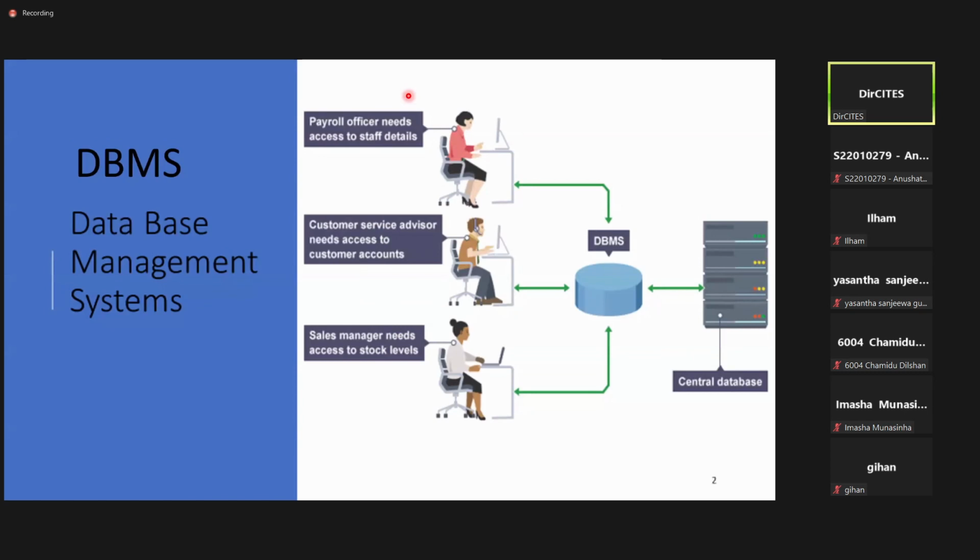There's a payroll officer who needs to access staff details, a customer service advisor who needs access to customer accounts, and a sales manager who needs access to stock levels. These different types of users need to access different types of data from the database, and they are accessing it using the DBMS, that means database management system.